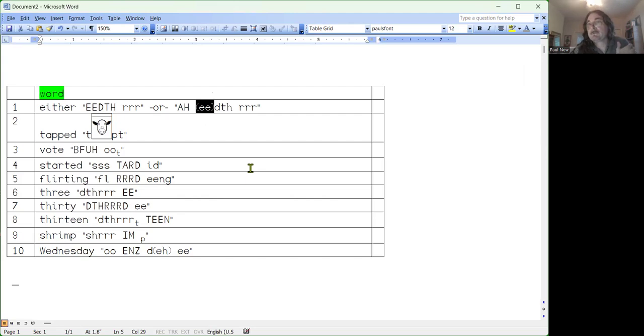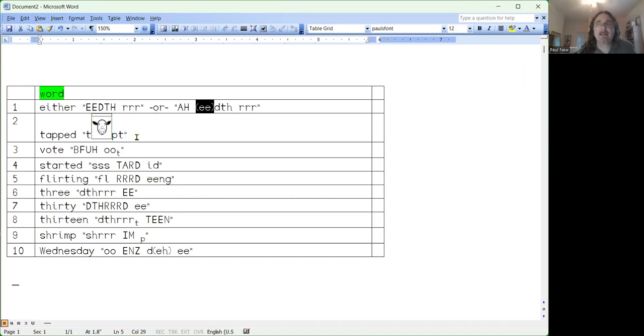You can hear other. So you can get either, either, or other. You can get all three of those pronunciations in the United States.